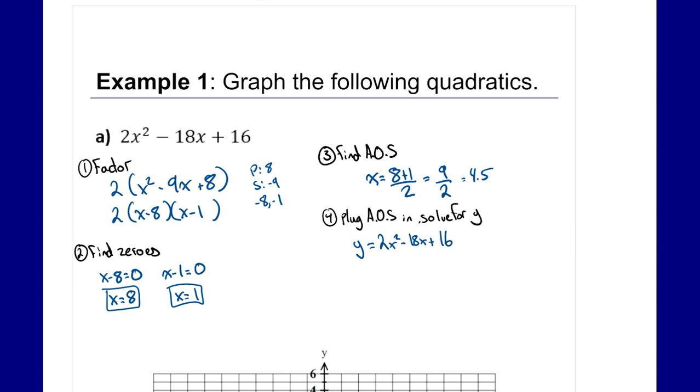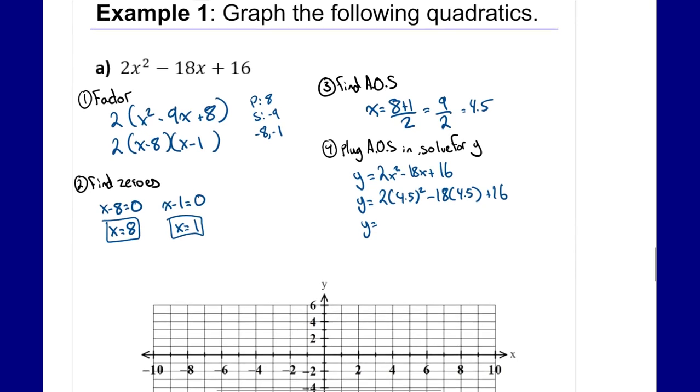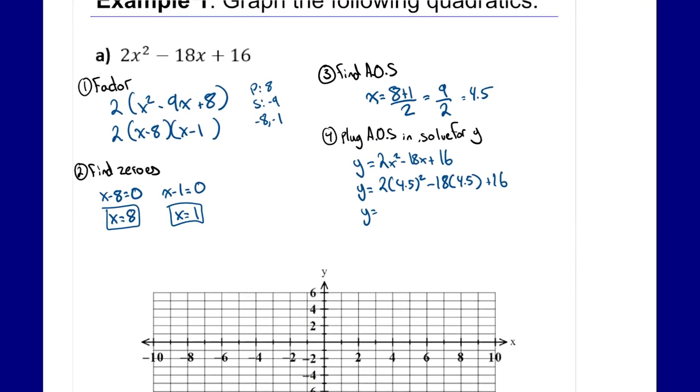We could plug it back into this one, or we could plug it into our factored form, whichever one we want. 2 times 4.5 squared minus 18 times 4.5 plus 16. This just becomes a long calculation. We should get negative 24.5. So now our vertex is the axis of symmetry and this y value, so 4.5 and negative 24.5.